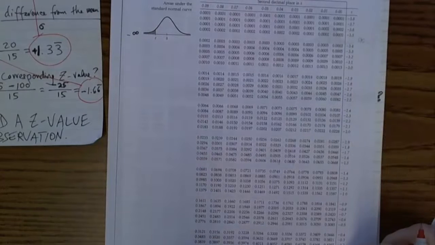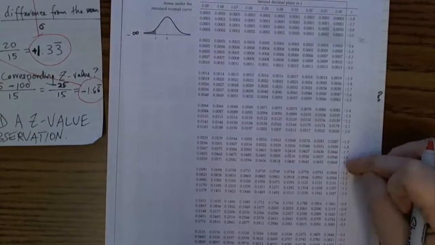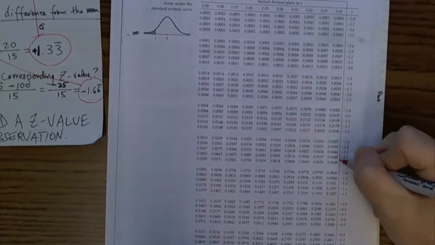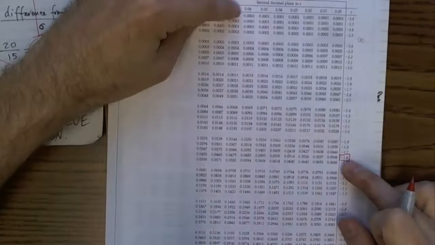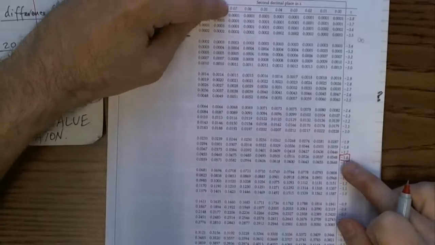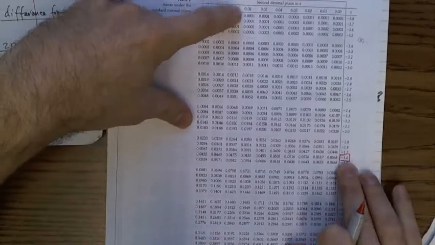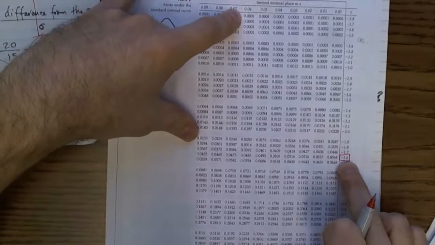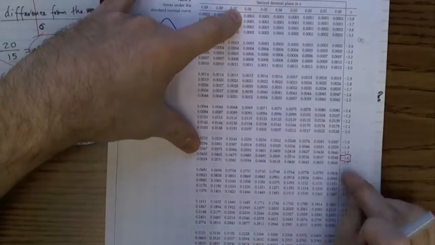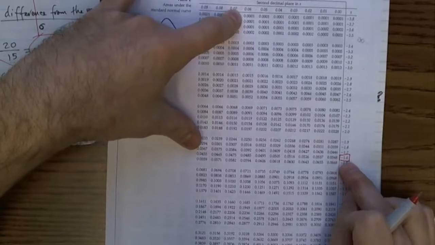I'm looking for negative 1.6, so negative 1.6 is here. Then 1.66 is really closer to 1.67, but let's do 1.66 just for the sake of argument. On the exam, if you're off by a tiny bit, that's not going to kill you.